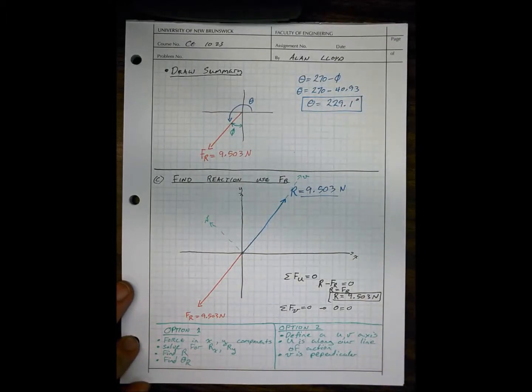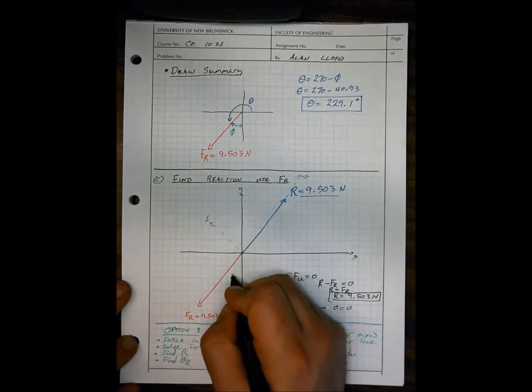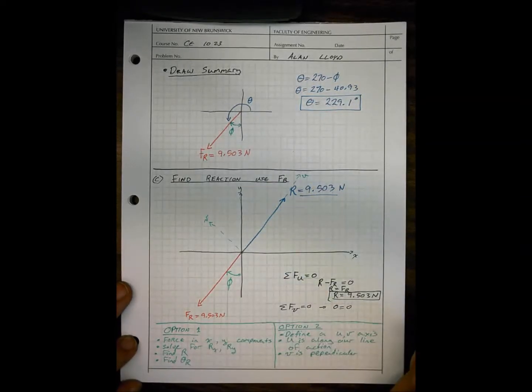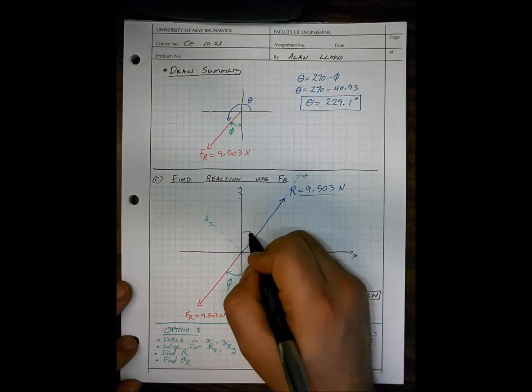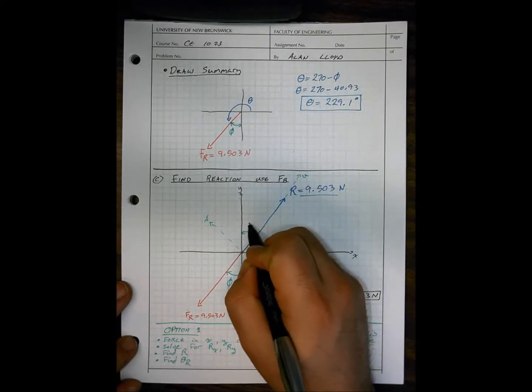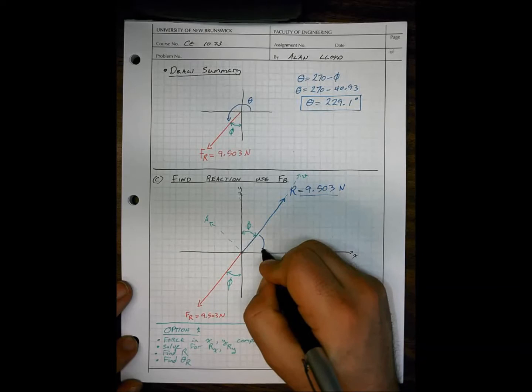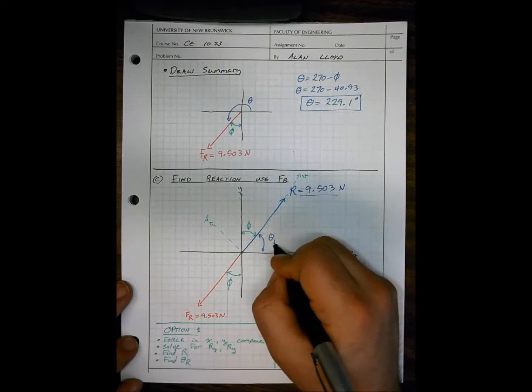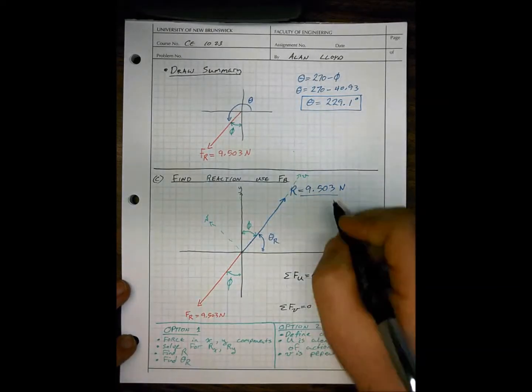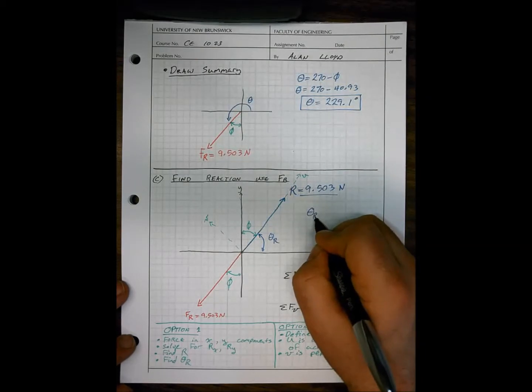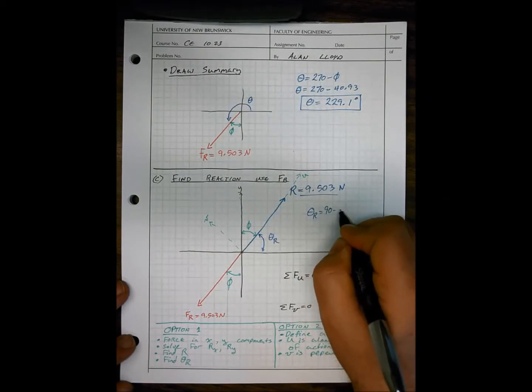Let's look at our angles here. We know we have that phi value. Well, that phi value would also be this angle here. That means that we have our theta r value there. And theta r is simply equal to 90 minus phi.